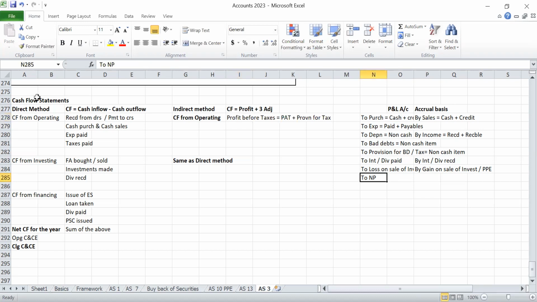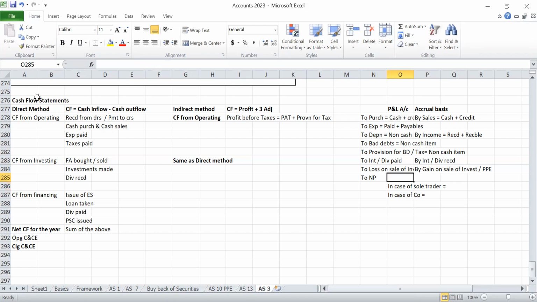Sometimes profit will not be given. If profit and loss account is available, you will take the net profit. If profit and loss account is not available, what is the net profit? Net profit is nothing but changes in reserves and surplus. This net profit in case of a company will be added to reserves and surplus.